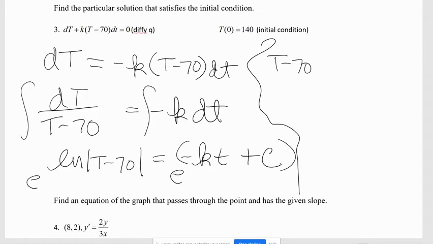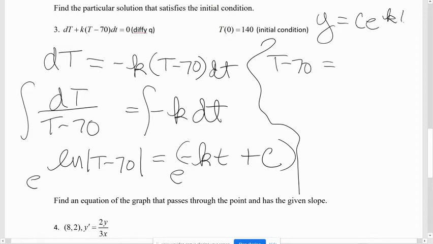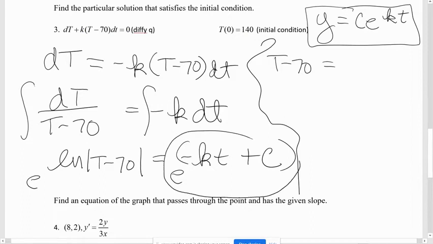And then this side, we did this the other day when we were going through the proof of the formula of y. Remember, we had this formula, y equals C e to the kt. We derived that formula, so we're going to do kind of the same thing there. So we've got this e to the negative kt plus c down here.